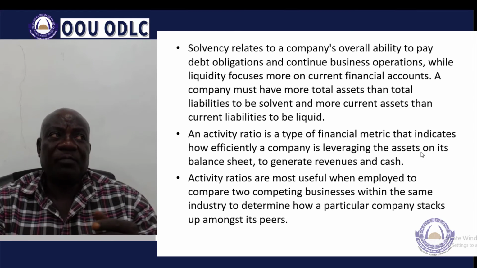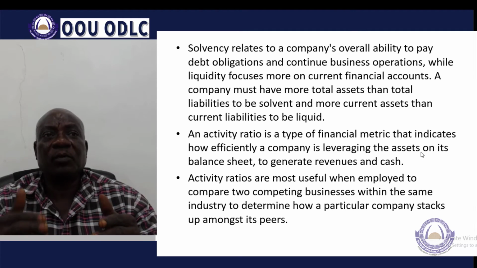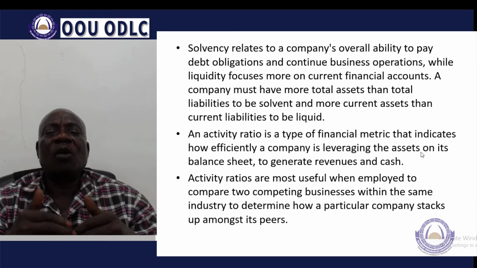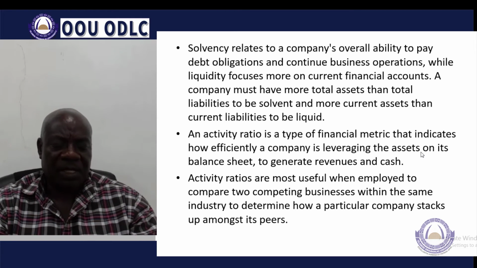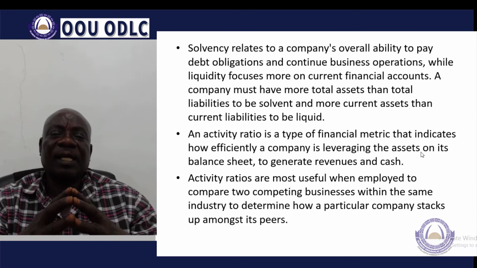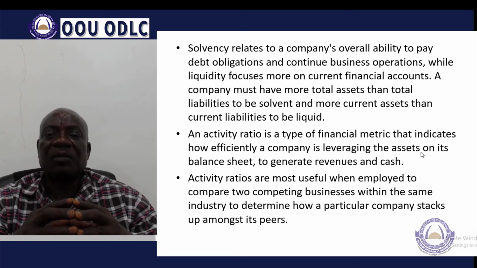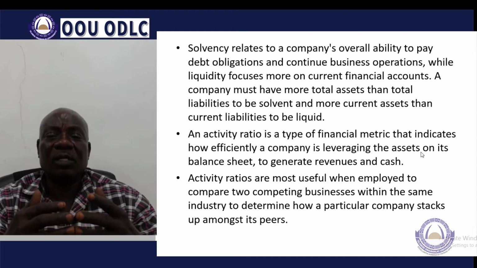And then the difference between the two gives the liquidity position of a company. When you have fewer current assets than current liabilities, then such a company is not that liquid. And when current assets are more than current liabilities, such a company is highly liquid. It will be able to carry on the business.